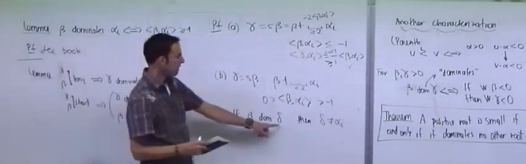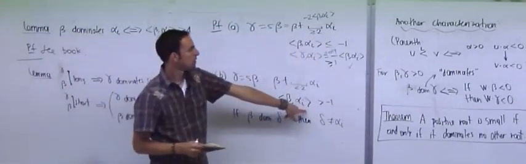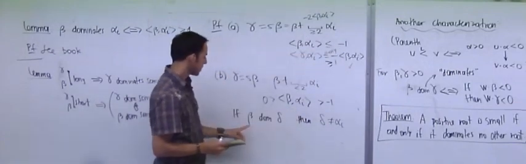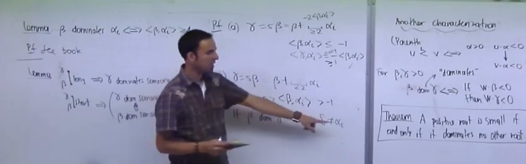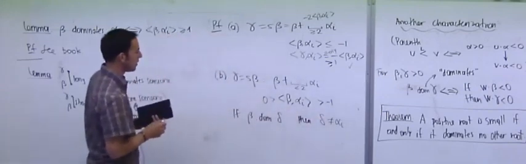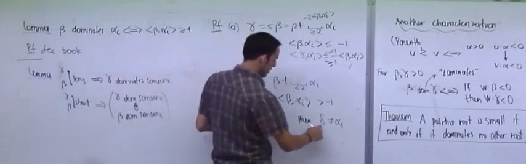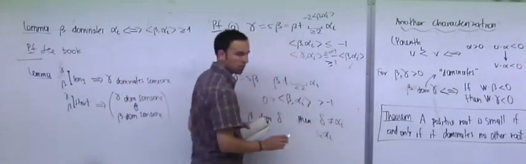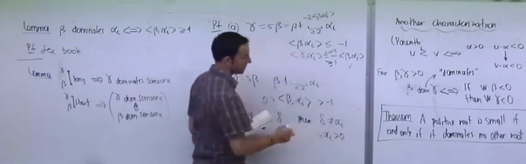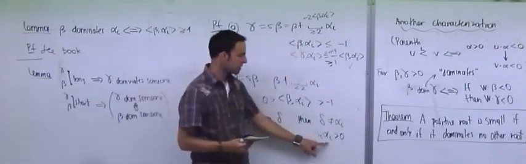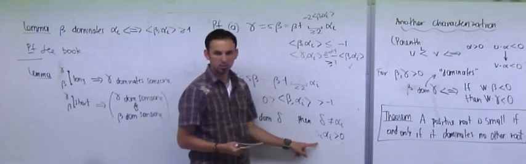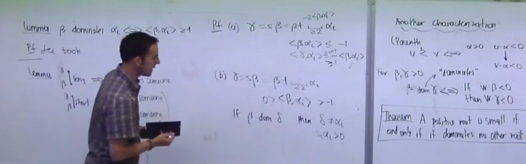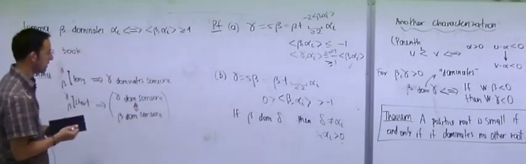Because if beta dominated alpha I, then this number would be in this range, not in this range. So if beta dominates something, that something cannot be alpha I. And so that means that if delta is not alpha I, then when I do Si alpha I, I'm going to get something positive. Because the only positive root that Si makes negative is alpha I itself. Okay. Si alpha I is positive.